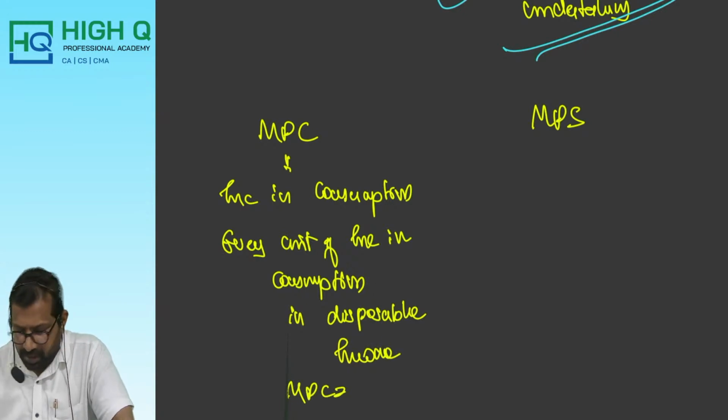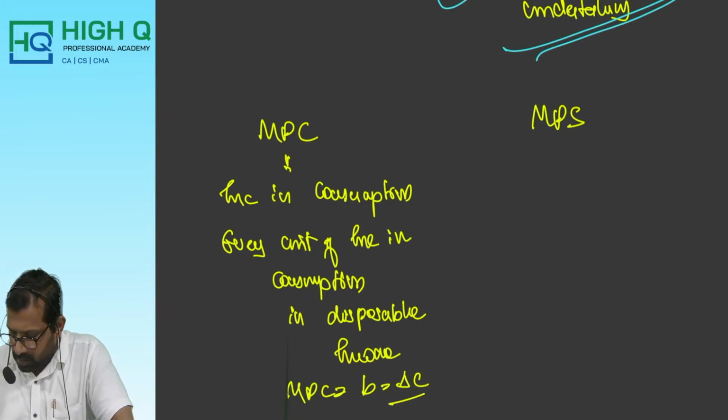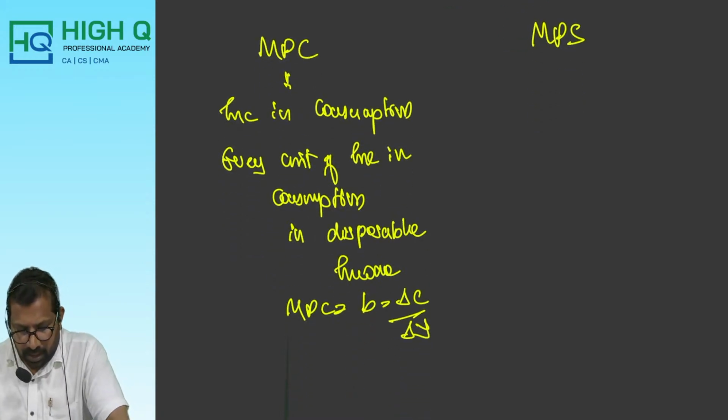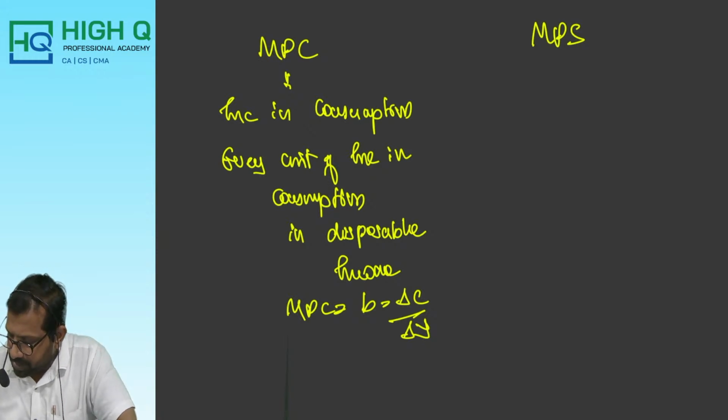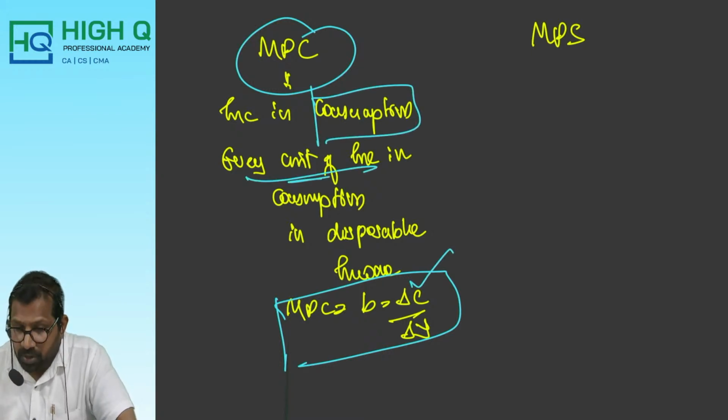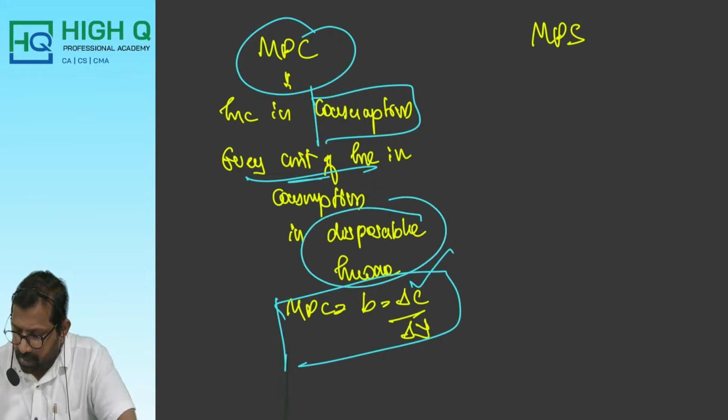Therefore MPC equals B equals change in consumption divided by change in income. Two things: change in consumption and change in income.